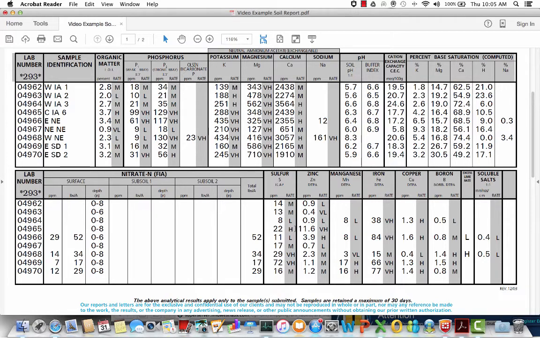Let's say you grid sampled that field, and this is just one value in a grid sampled field, and the value doesn't make sense for that area. There was never a high manure application. Maybe there was some strip tilling done, maybe there were some stock cows out there, and you know that this soil test value is an anomaly. It's not a value that you want to make fertilizer recommendations off.